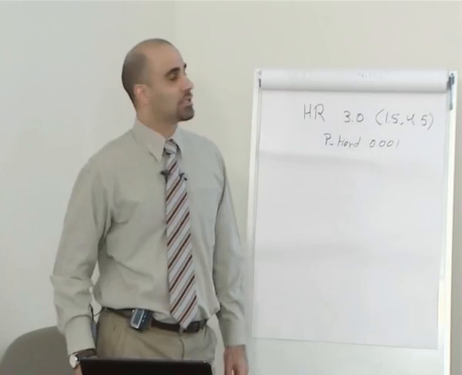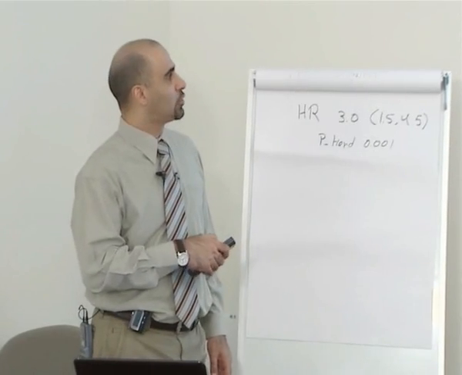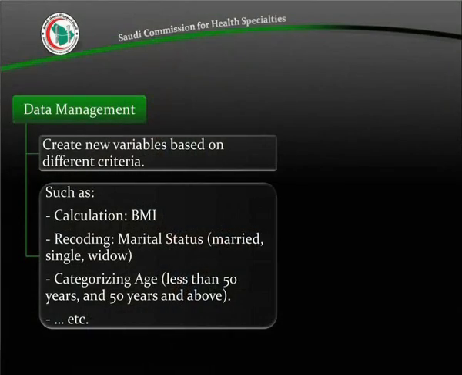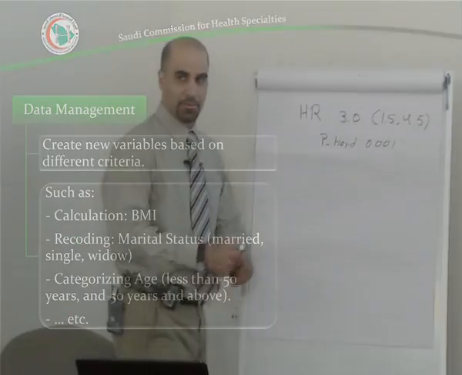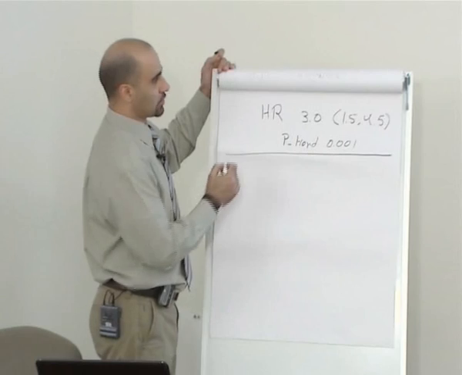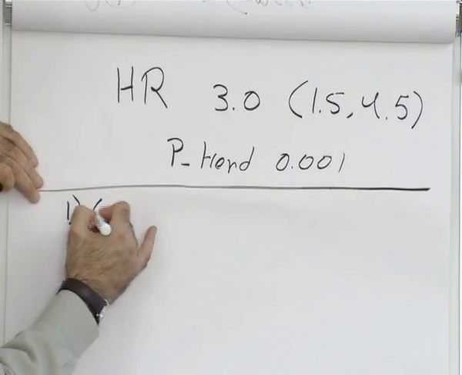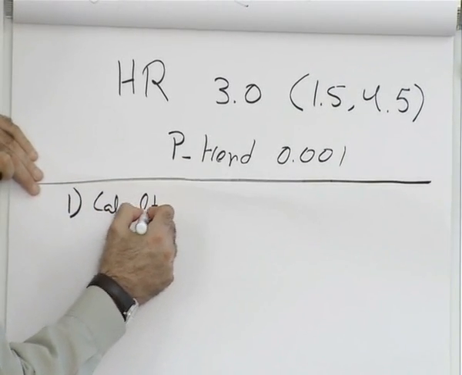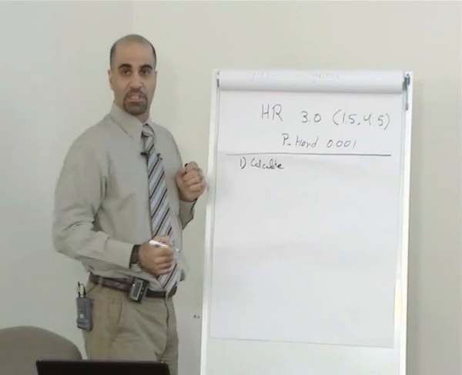Now the data management is, as I briefly told you, creating new variables based on different criteria. Basically, we have 3 scenarios in data management. One scenario is when you want to calculate. What does it mean?